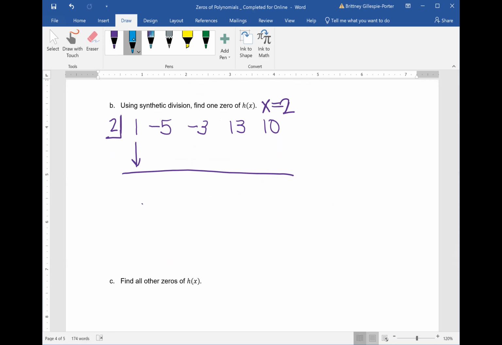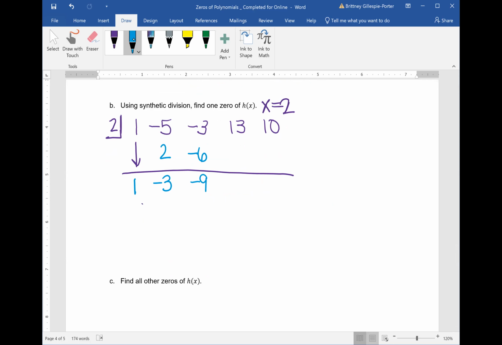First one always goes to the floor. 2 times 1 is 2. Add vertically. -5 plus 2 gets us -3. 2 times -3 gets us -6. Add vertically, we get -9.